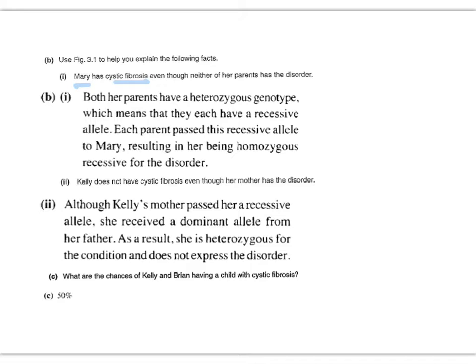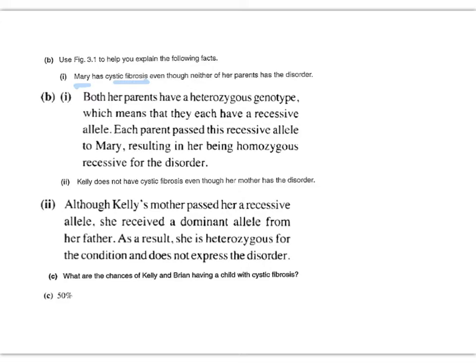Let's see, in what scenario will Mary be possible? So let's have some alphabets and try. If it's a scenario where both parents were big A, you can never get a child with cystic fibrosis. Let's try heterozygous and homozygous dominant. Nope. So the only possible way would be both of them are heterozygous.